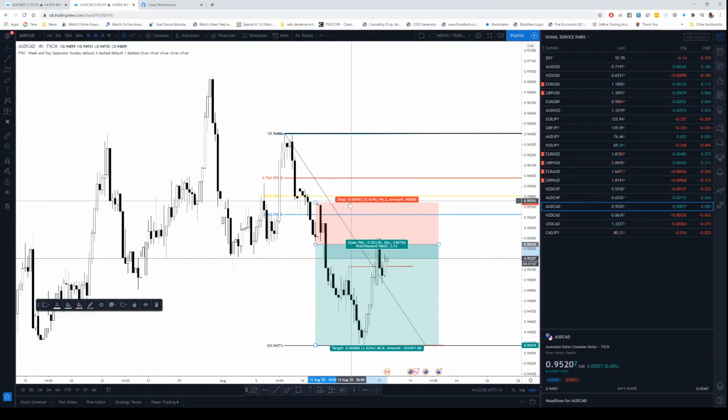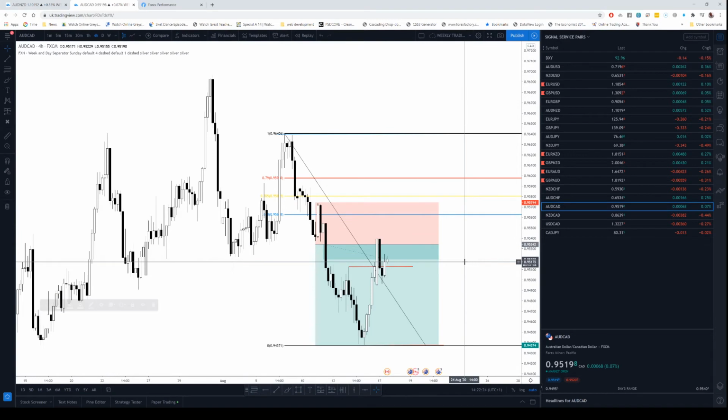Then if this stops you out, be patient and wait for price to give you some form of rejection up in here, then you look for a sell, if you don't want to push your stop all the way up there.